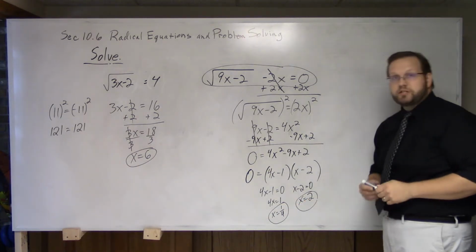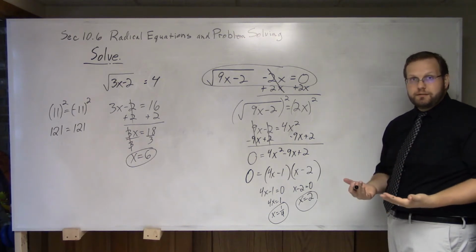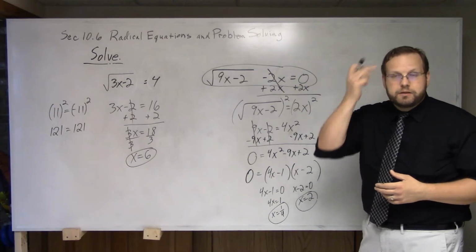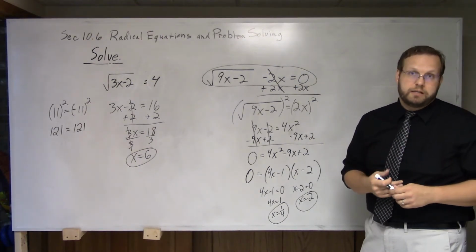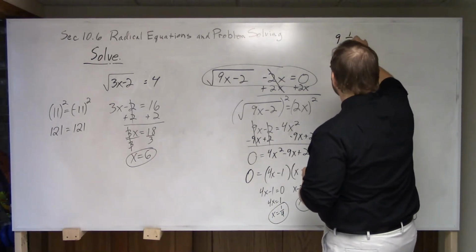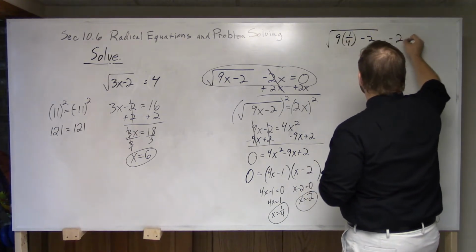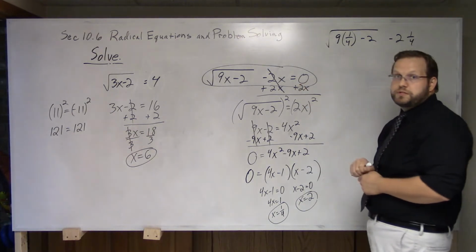We still have to check the other one though. Write down as much or as little as you need. But even if you're trying to do it in your head, sometimes writing it gets you a little bit better at doing it in your head. So if I go with 9 times 1/4 minus 2 minus 2 times 1/4, I want to make sure all of this gets to a 0.